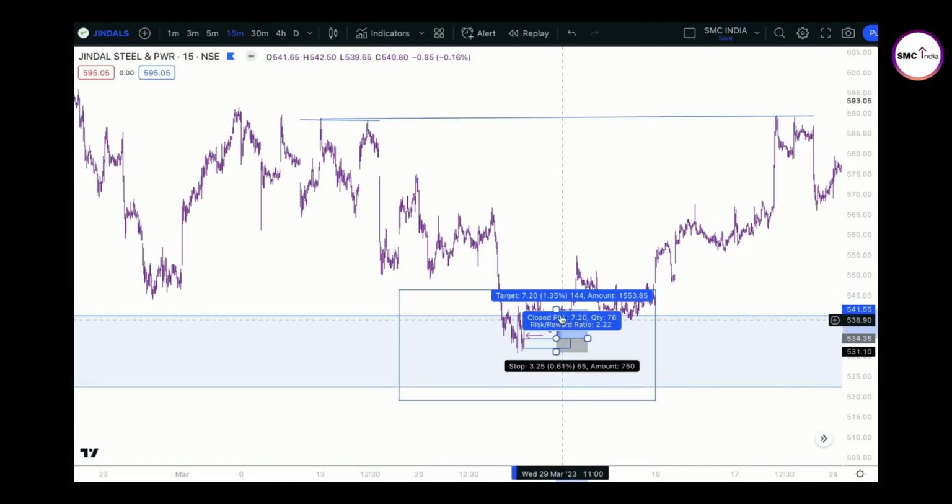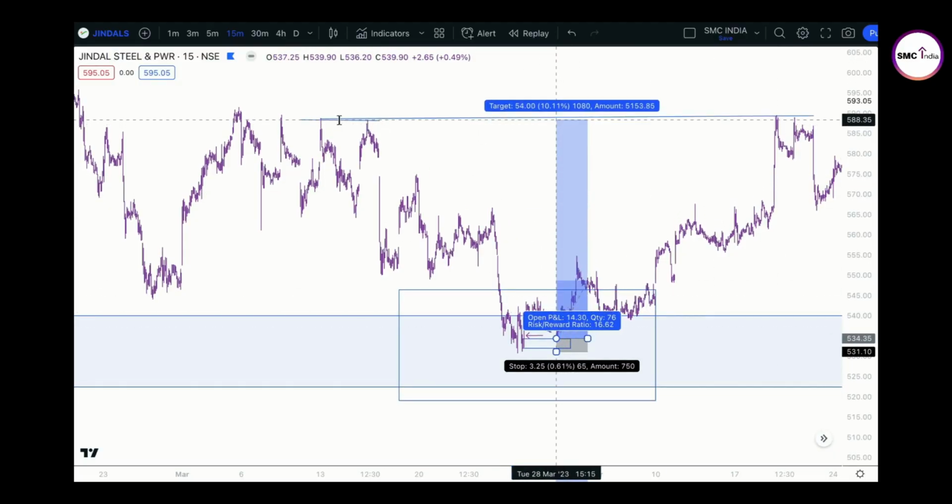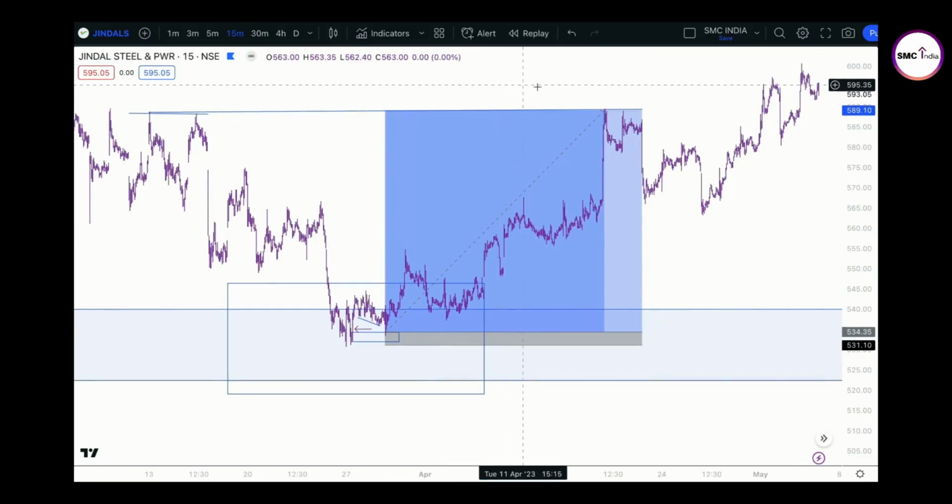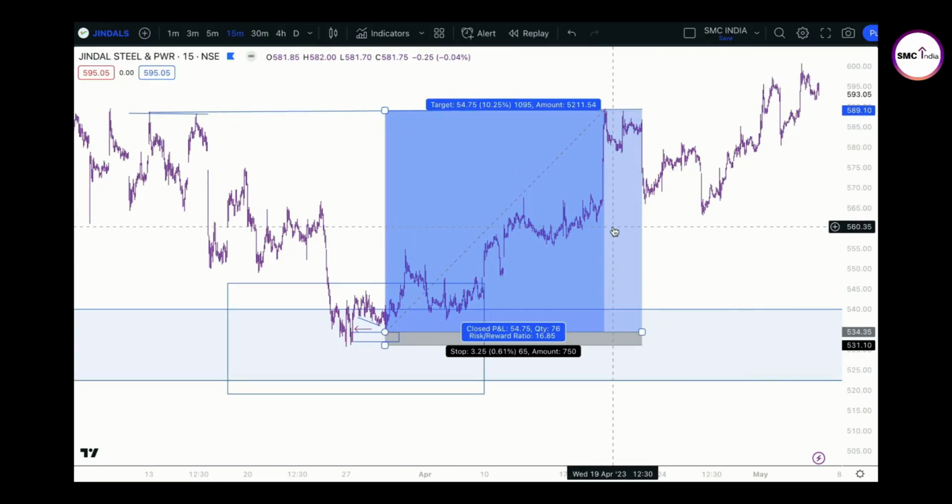So you could see that there is liquidity and the price is going to grab this liquidity up here, so you may target this liquidity, and it's a good 1:16.85 risk-reward ratio trade. So if you're going to trade intraday and hold it like swing, you are going to win much more.